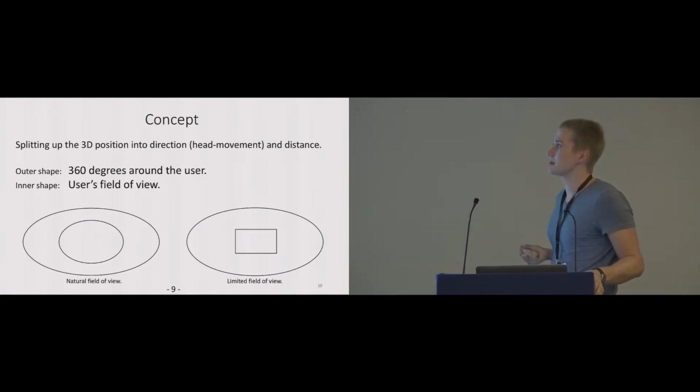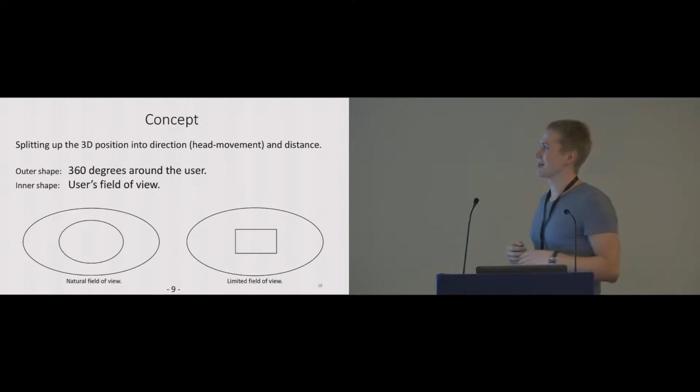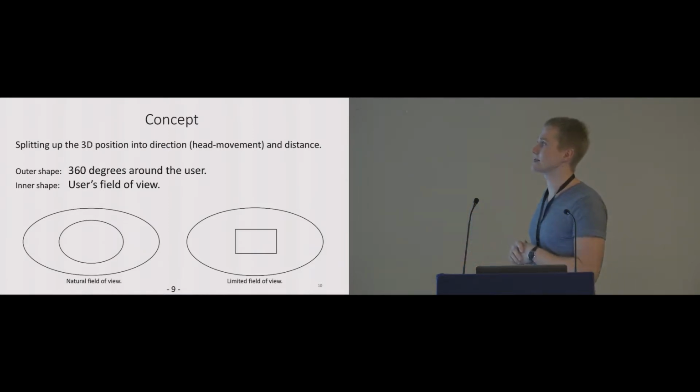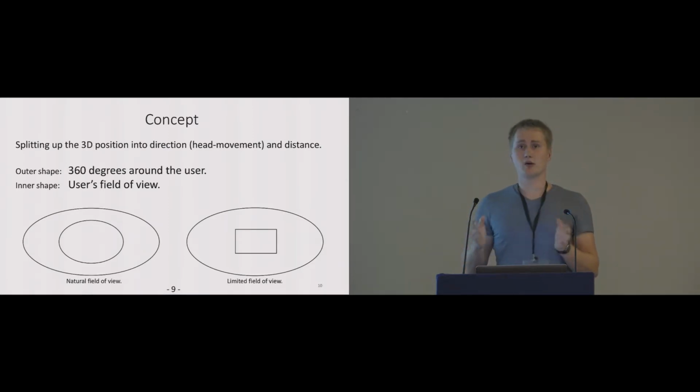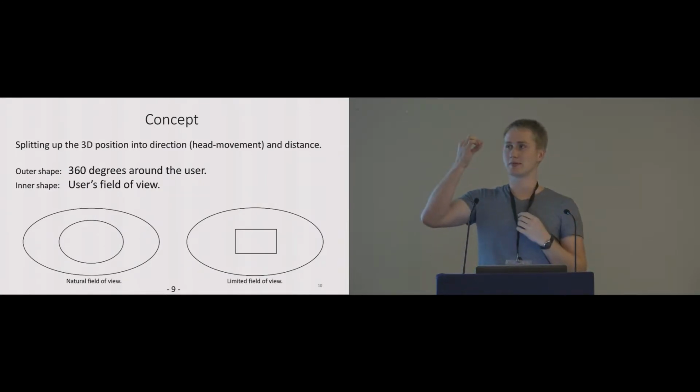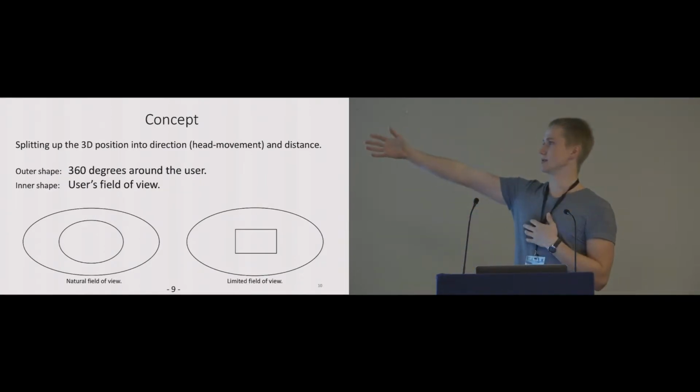Additionally, we were thinking about the 3D position, a new dimension coming in here. That's maybe too much. How can we do that? Our approach firstly was to split it up. We split it between the direction of the object, which is natural: when something is here, I can assume it's somewhere there.